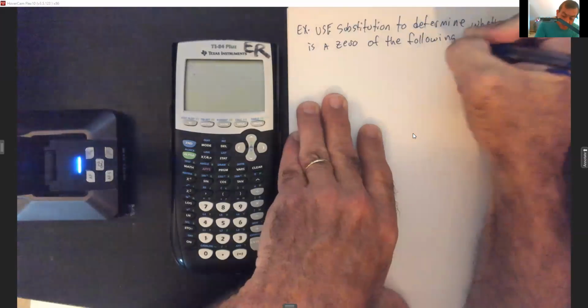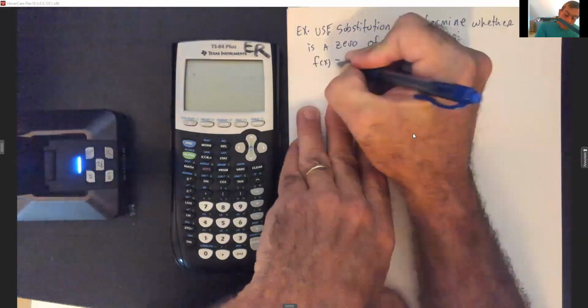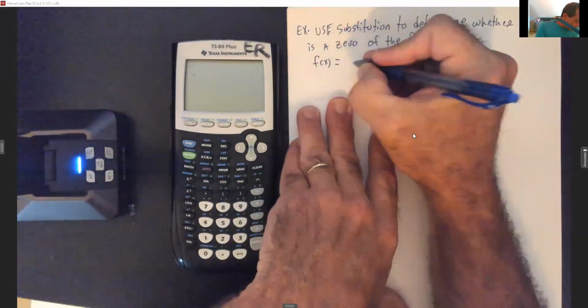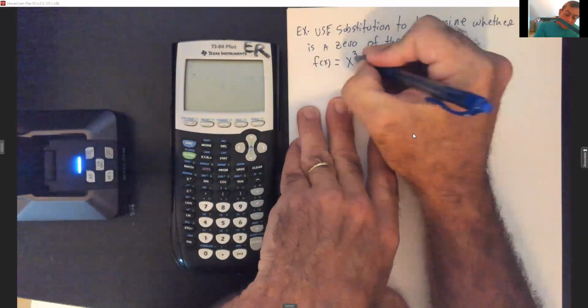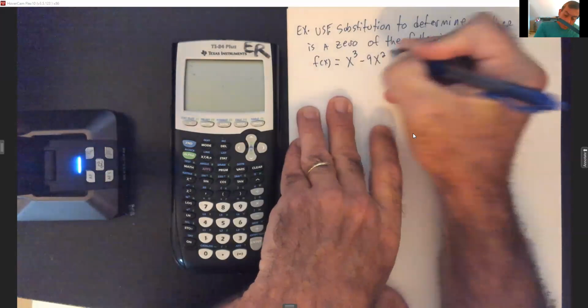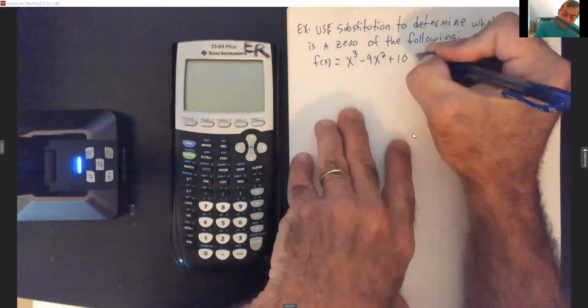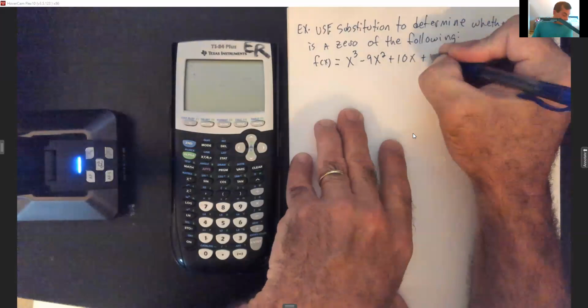And they're giving me f of x equals x to the third minus 9x squared plus 10x plus 45.